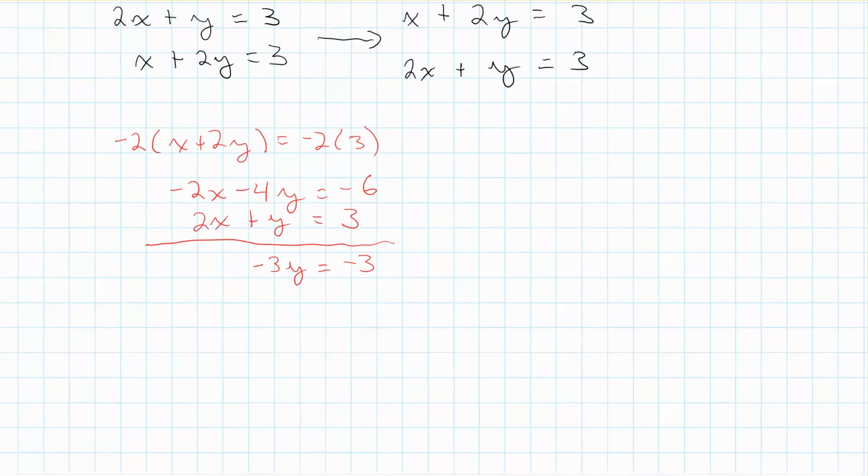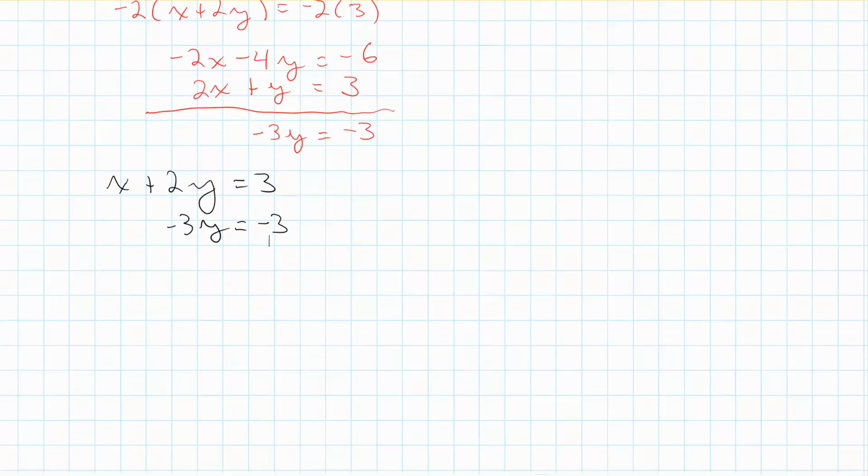So I would end up with the system of x plus 2y equals 3, because I did a constant on the first equation and added it to the second equation. And so then I would be left with negative 3y equals negative 3, which of course now we can just do the whole back substitution.